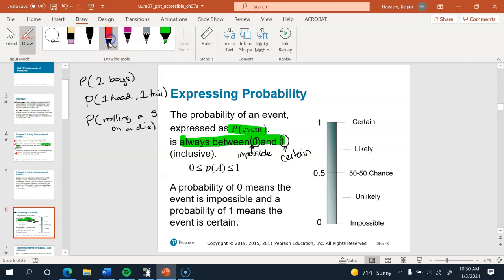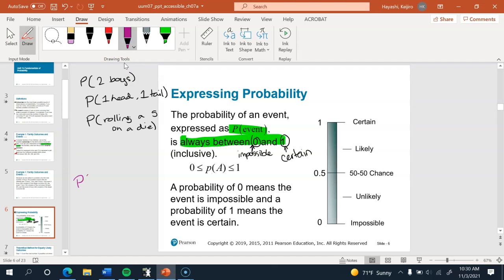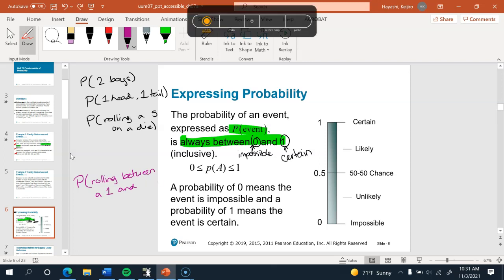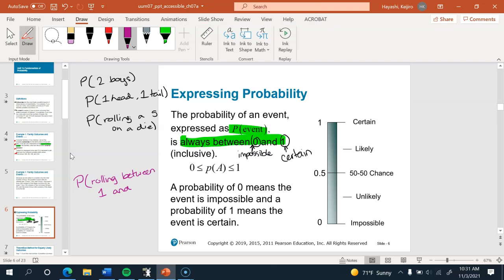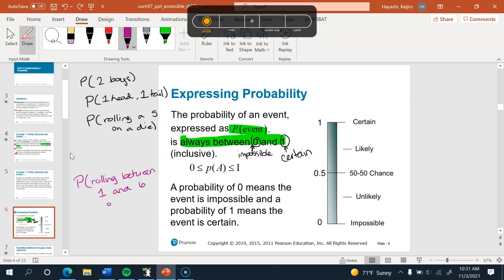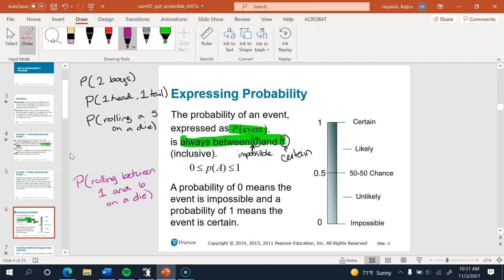So, for example, the probability of rolling between 1 and 6 on a regular 6-sided die has a probability of 1, right?